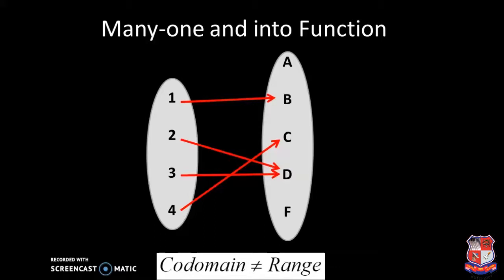For many one, you have different values of x, you have one value of y, that is a possibility. So it's a many to one. Now, what is onto function? Onto means you have a codomain equal to a range, and into function means codomain does not equal to range.